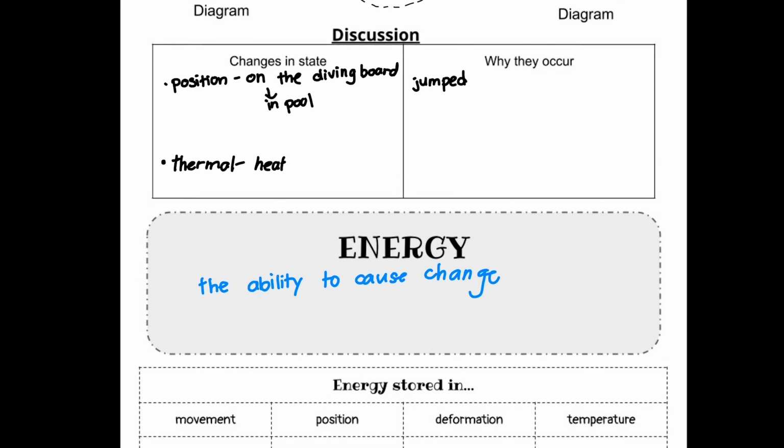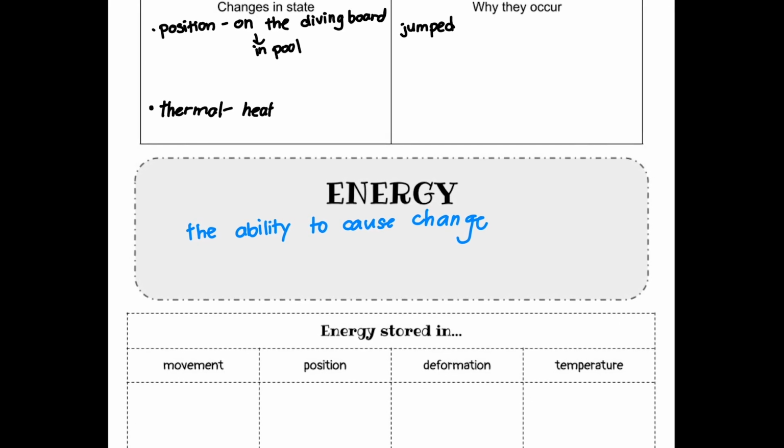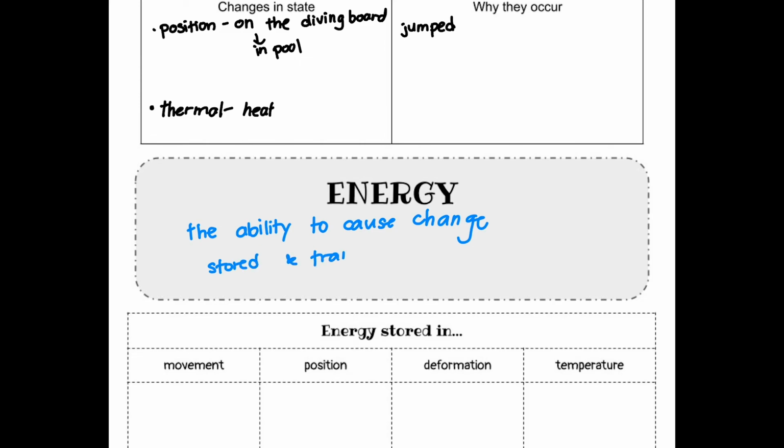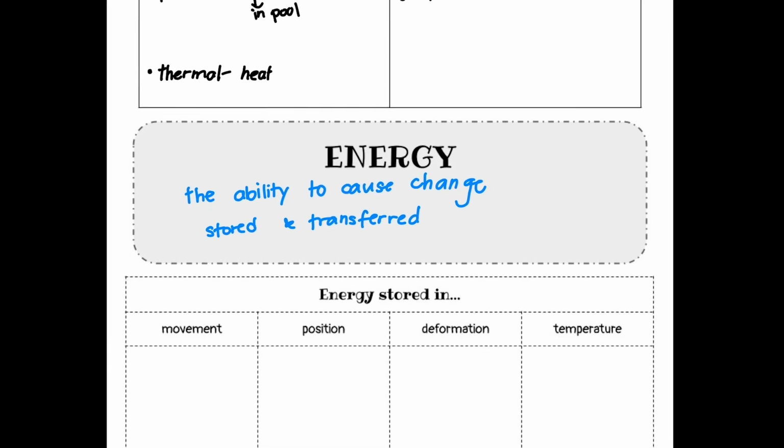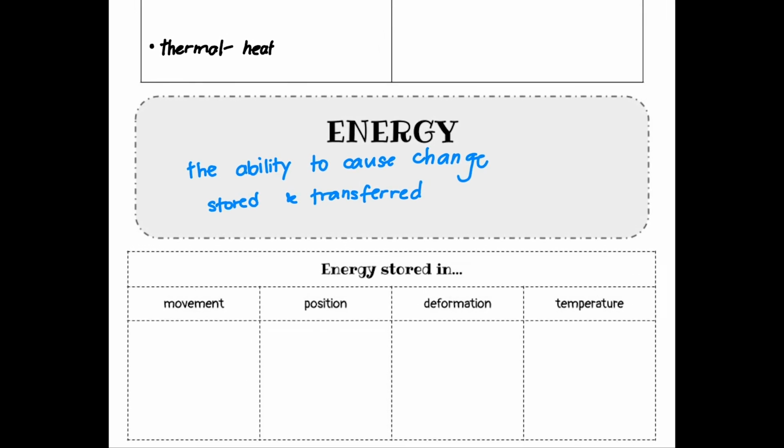All right, and so energy can be stored and it can be transferred, right? So let's see, transferred maybe with two R's. Okay. So energy stored in movement is what we're going to call kinetic energy.